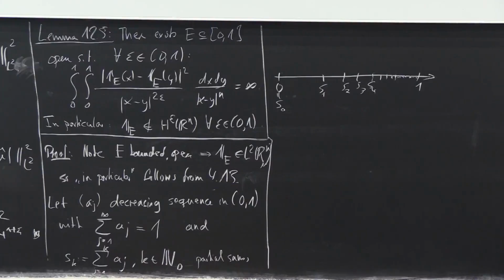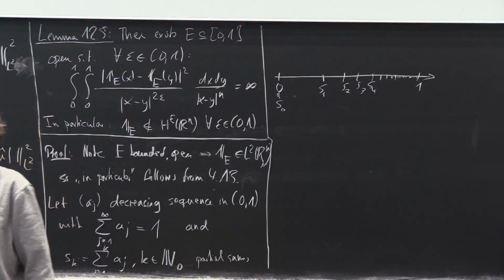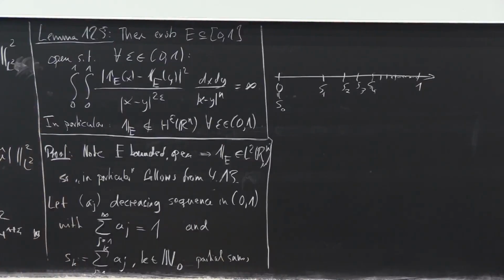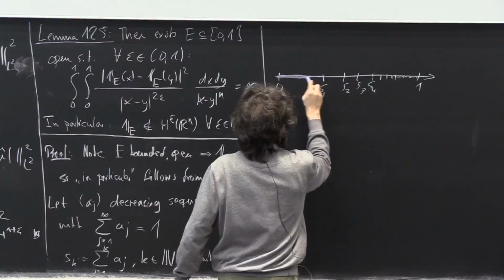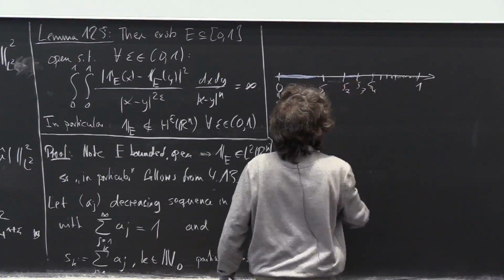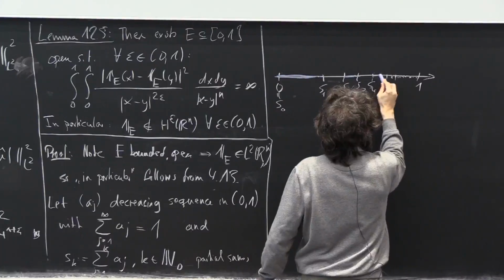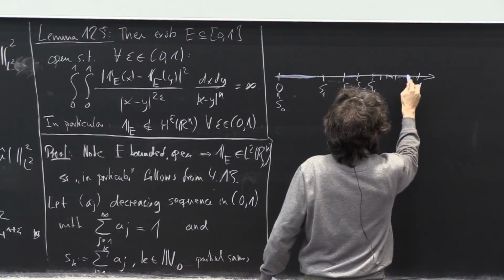And what is my set? I just take every second interval that is given by this decomposition by the partial sums. So I take the first interval here, it belongs to E. I do not take these numbers. I take the numbers between s_2 and s_3, the numbers between s_4 and s_5, s_6 and s_7, and so on.